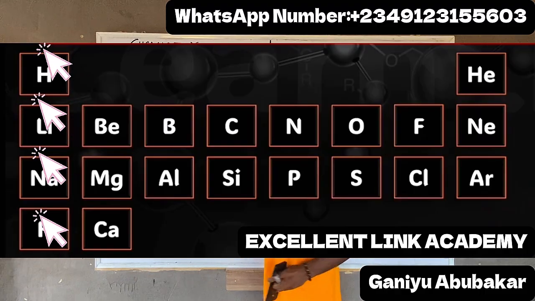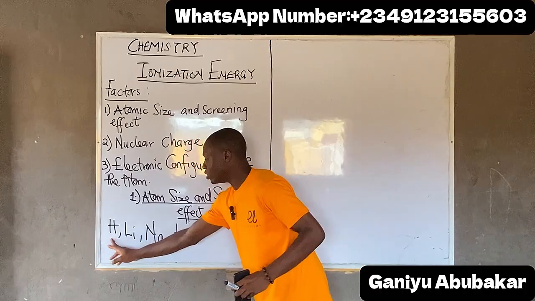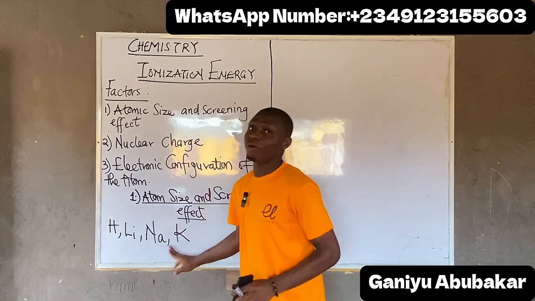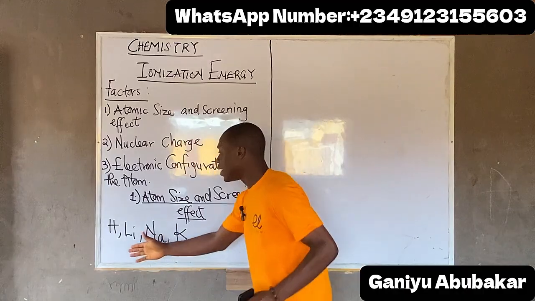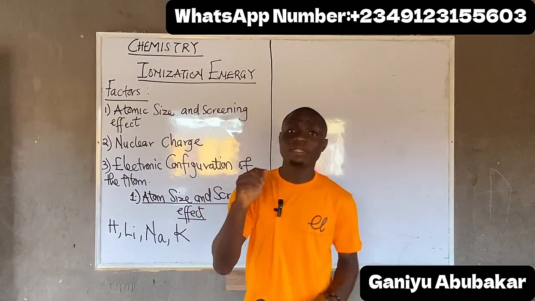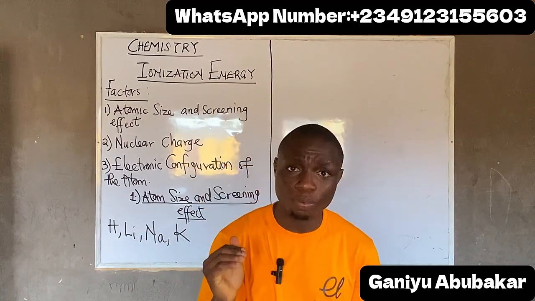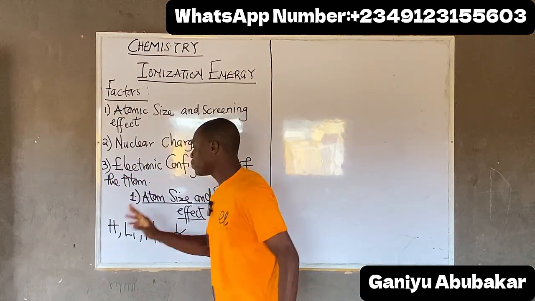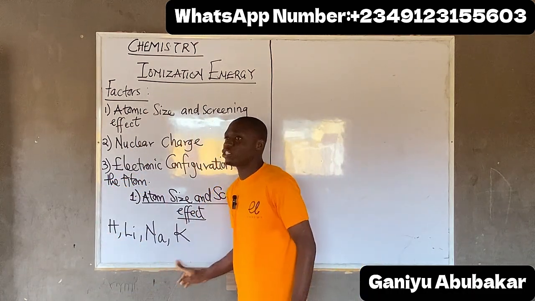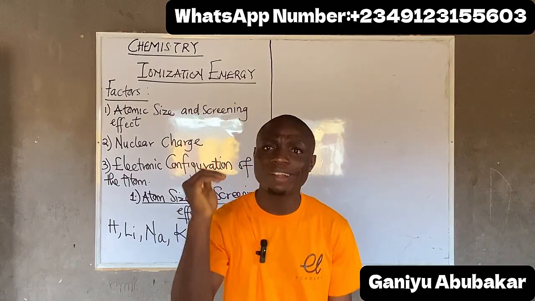You observe that it's a matter of going down the group, right? The arrangement of hydrogen, lithium, sodium, and potassium is like going down the group.